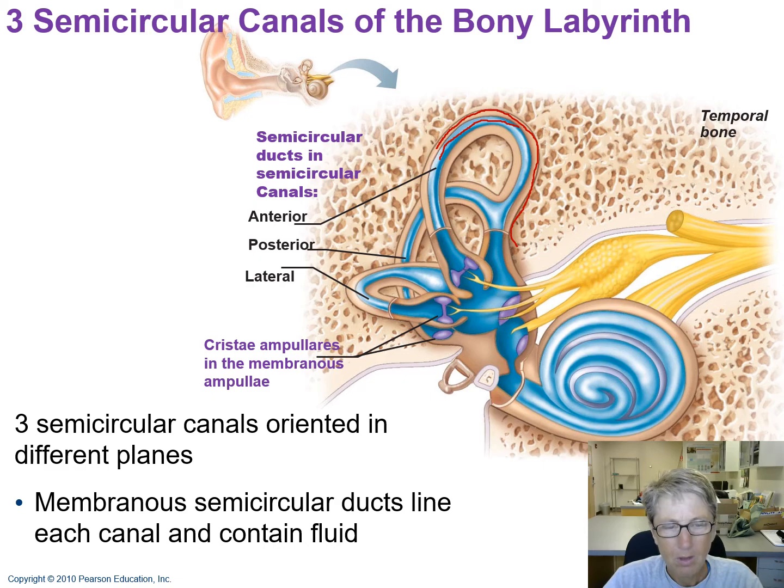So we've got 3 semicircular canals oriented in different planes. So the semicircular ducts, that would be the duct work of the bone, and then the canals would be in blue. So membranous semicircular ducts line each canal and contain fluid.